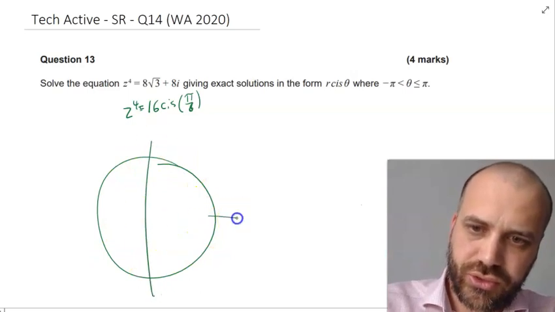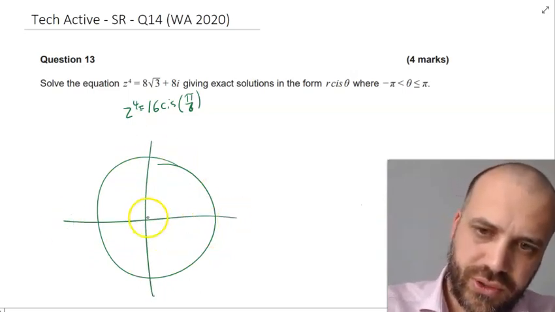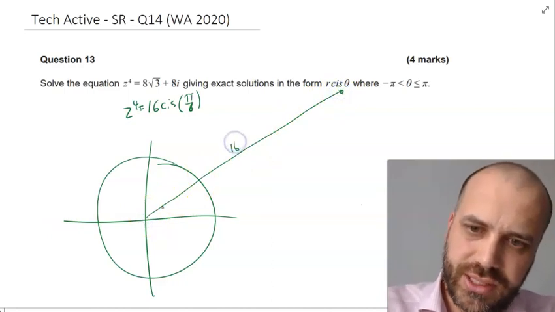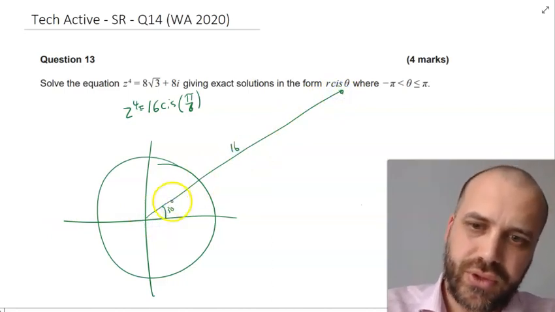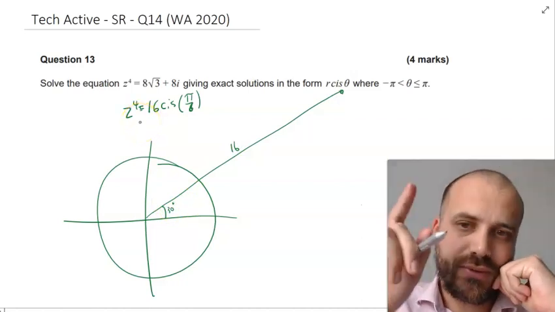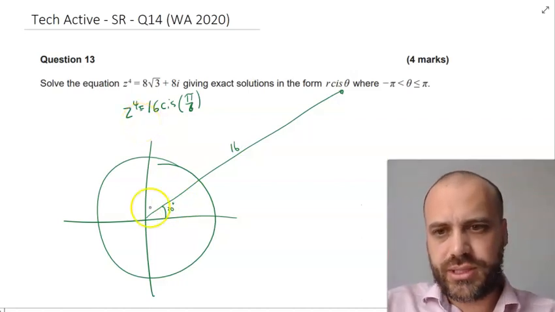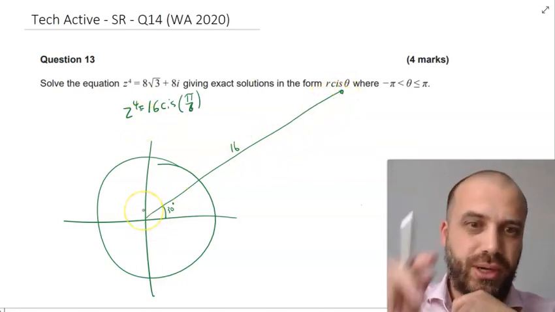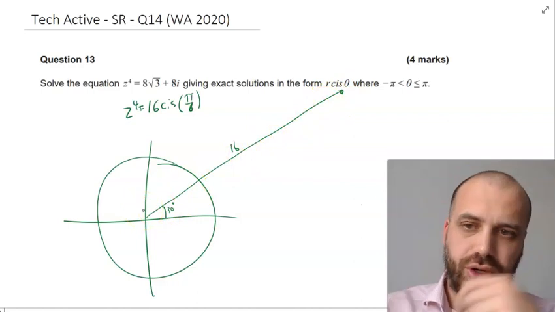Now, I like to draw things, so I know that I've got some big thing out here with a length of 16 and an angle there of 30 degrees. Now, if I'm taking the 4th root of that, what I'm going to do is take the distance from there to there and shrink it down by taking the 4th root of it.